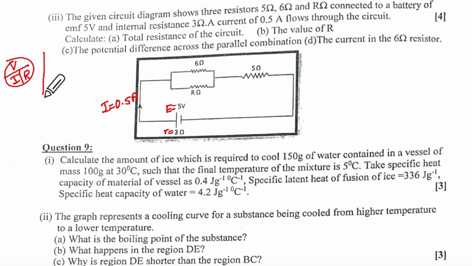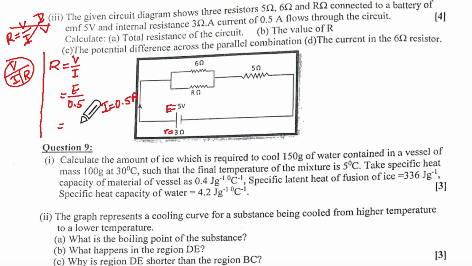We write in the margin so that we get clarity, because many a time if resistance is to be found out, instead of writing V upon I, children write I upon V. Stupid mistakes happen. I have seen so many stupid mistakes. So I insist that you write this so that you'll know I is equal to V upon R, and R is equal to V upon I. Now if they ask you the resistance, the total resistance is going to be equal to V upon I. That means it is E upon the current in the circuit, 0.5.